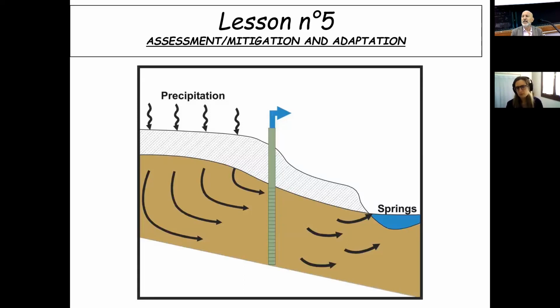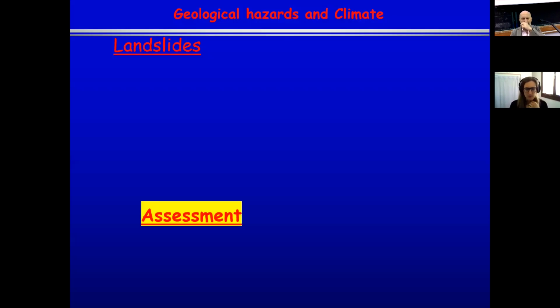Then what can we do against these imbalance, unsteady conditions, towards these instability conditions of overexploitation of the resources? And so the matter is the issues of assessment, of mitigation, and of adaptation. And I will give you some clues, some concepts in relationship to these aspects. So let's start with the problem of the assessment.